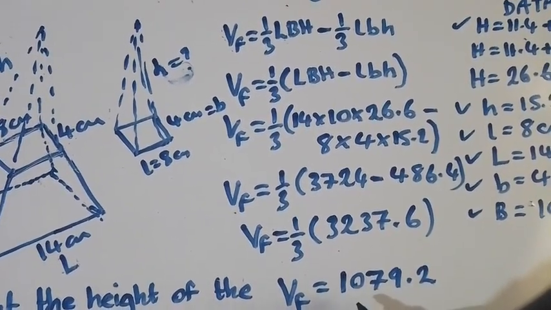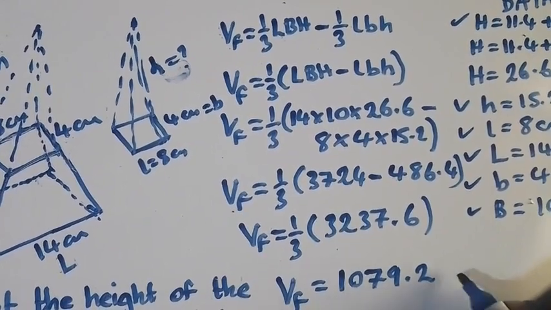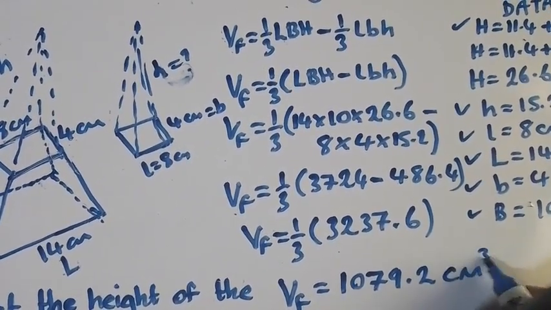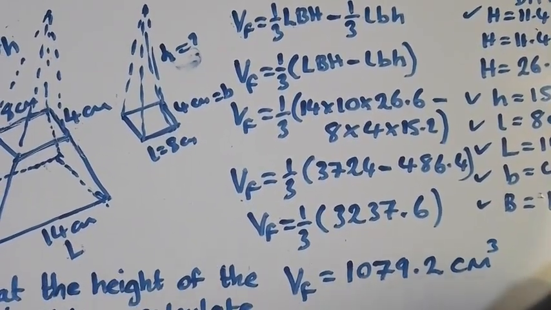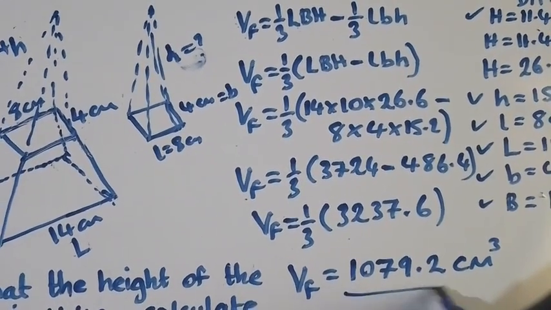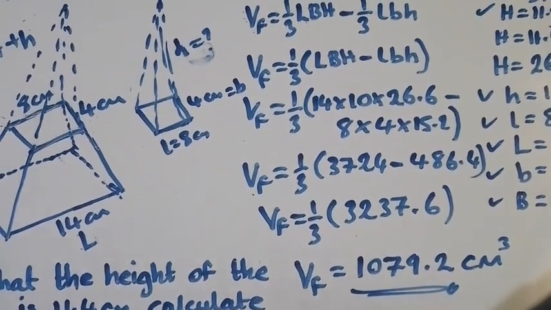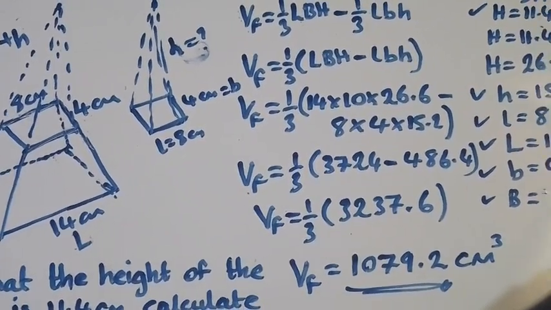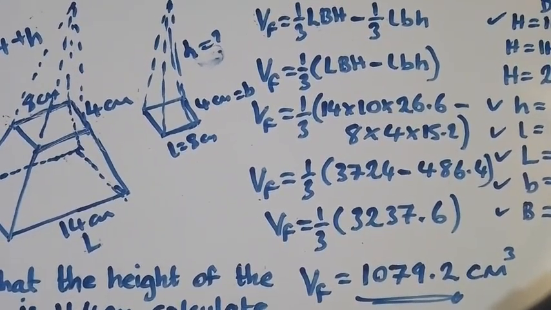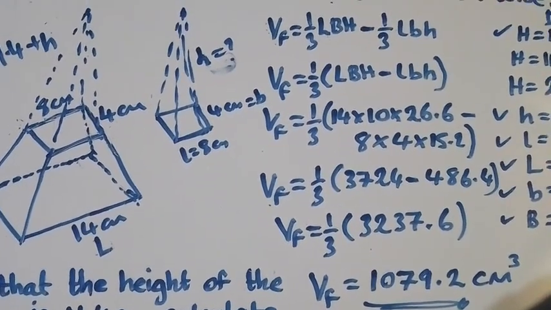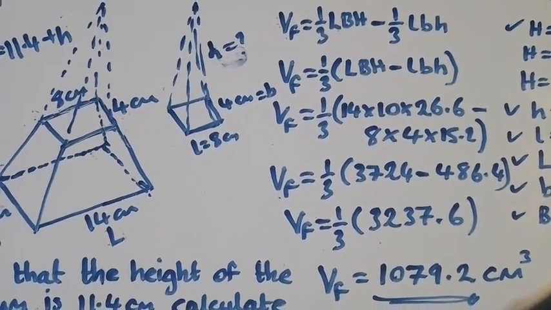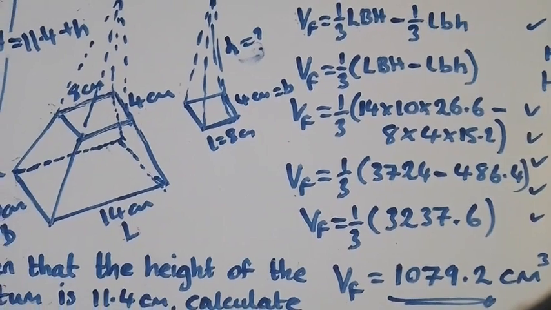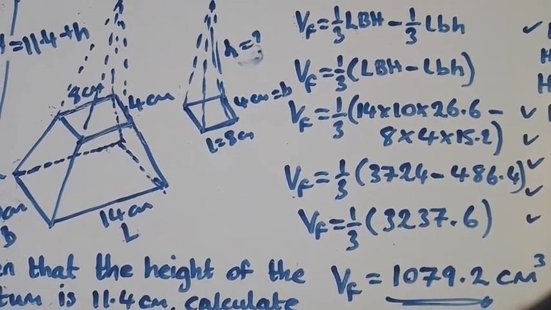So it's 1,079.2 cubic centimeters. So this is how you should answer when you are asked to find the volume of the frustum of a rectangular base pyramid.